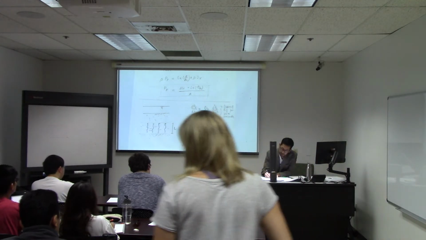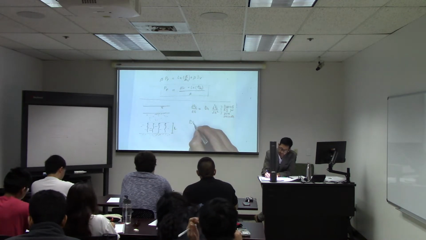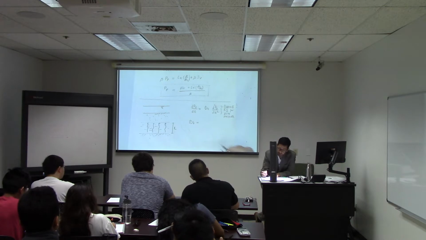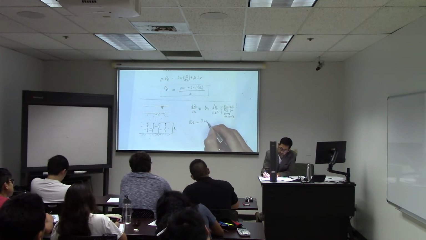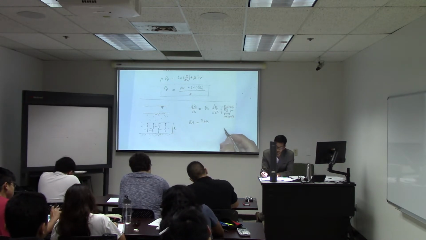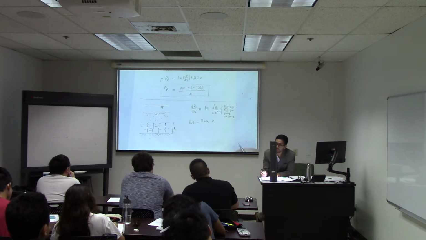This parameter, which is the diffusivity parameter, hydraulic diffusivity, is going to be equal to the compressibility, the bulk compressibility of the sediment times the permeability.